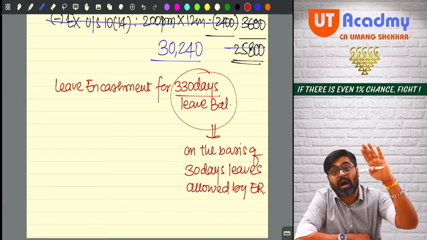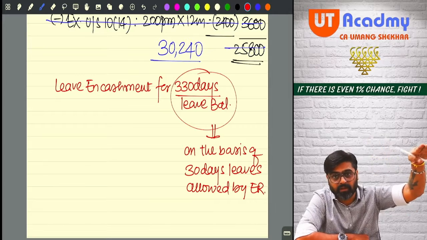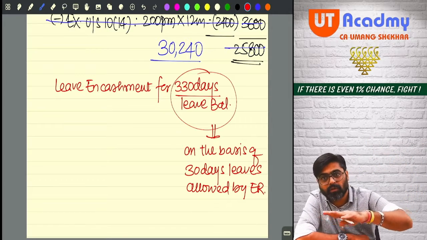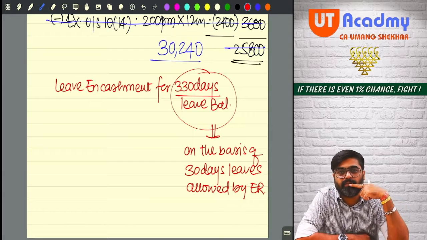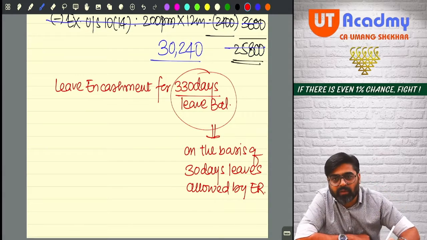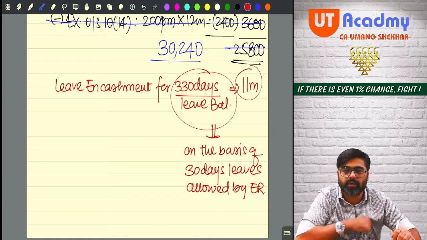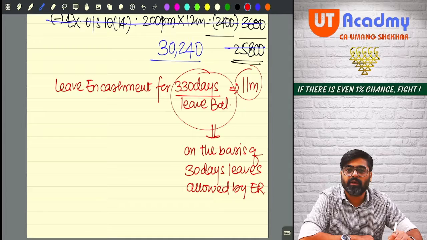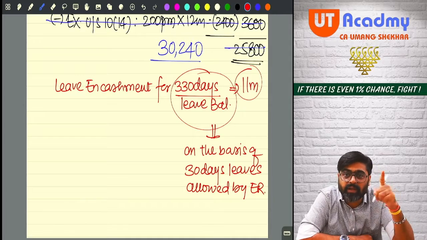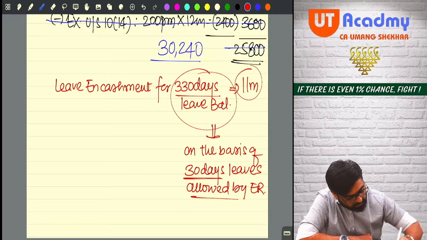Out of that 900 days leave, which was allowed in 30 years, you took a few leaves, and whatever leave remains in your balance, this is leave credit. Can I say this leave credit is nothing but 11 months leave credit? 330 divided by 30 will be 11 months leave credit. So this 11 months leave credit is calculated on the basis of 30 days leave allowed by the employer.